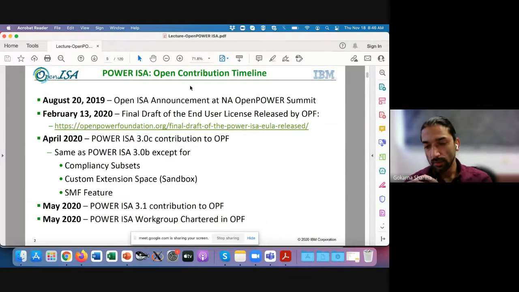Let's suppose you have a Power ISA and a processor running Power ISA. All the existing features that are supported by Power ISA, you can immediately use. There is no problem. But let's suppose you want to implement some new feature in Power ISA. You work on it in a custom extension space, or the sandbox, so that when you run that, it will not affect the main system.